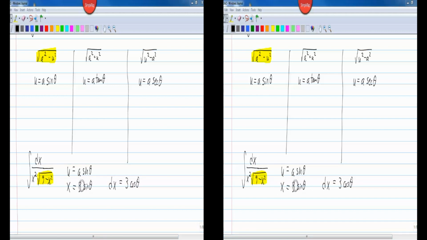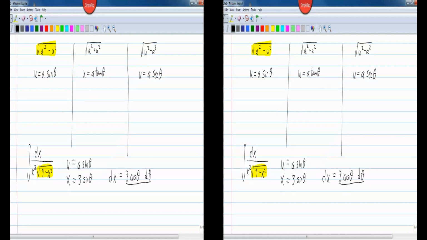But the main thing that we need to concentrate on first is look for other places in the integrand that aren't in the radical part, and plug in 3 sine of theta for those. Then where you have a dx, we took the derivative of 3 sine of theta and got 3 cosine of theta. And that is 3 cosine of theta d theta, because we took the derivative of the theta. Okay? So where you have a dx, you want to plug in 3 cosine theta d theta.